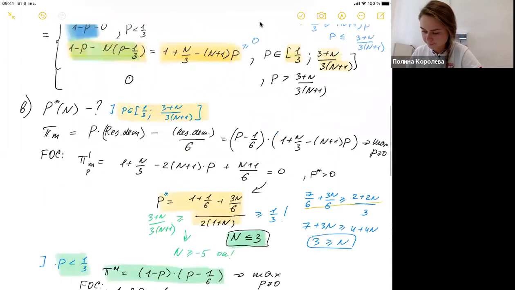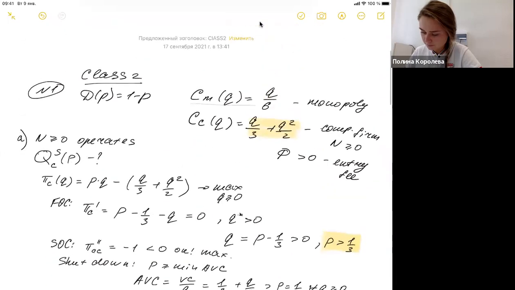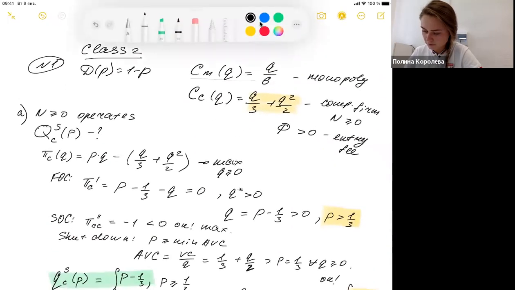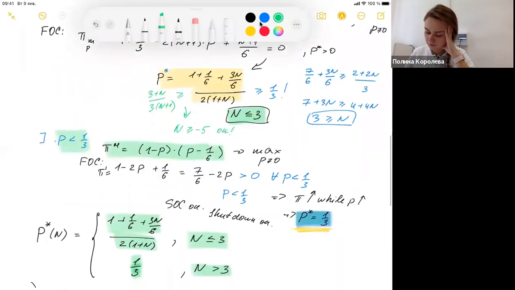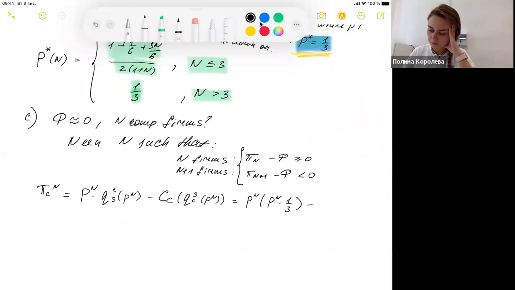The cost of each competitive firm is this one: price minus 1/3 over 3 plus price minus 1/3 squared over 2.